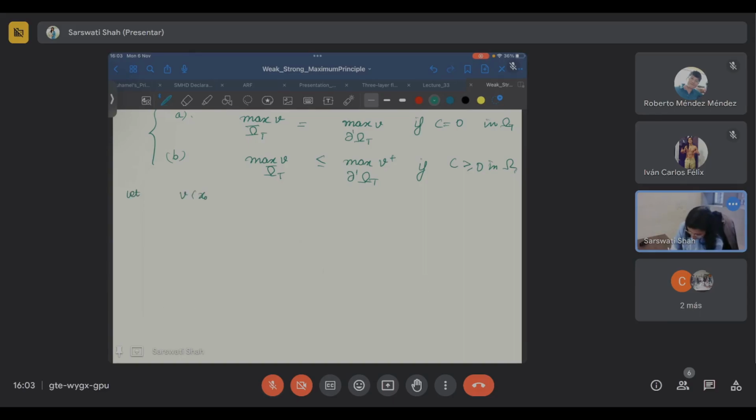V(x naught, t naught) is equal to the maximum of V on the region, for some (x naught, t naught) belonging to the domain omega T bar.